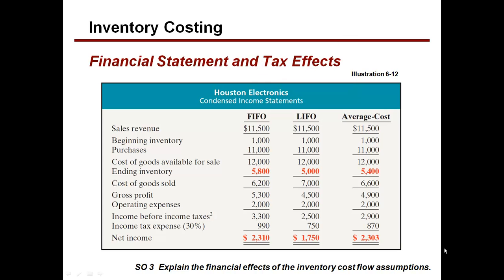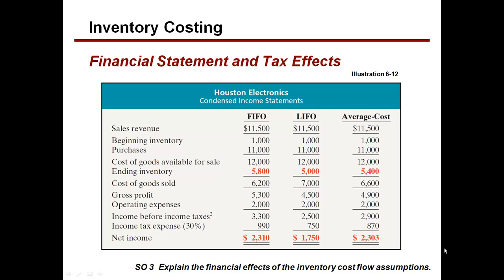This slide demonstrates the effect of a choice of the FIFO, LIFO, or average cost method to calculate cost of goods sold, and likewise the resultant ending inventory values. These are three examples with the same assumed units sold and ending inventory.